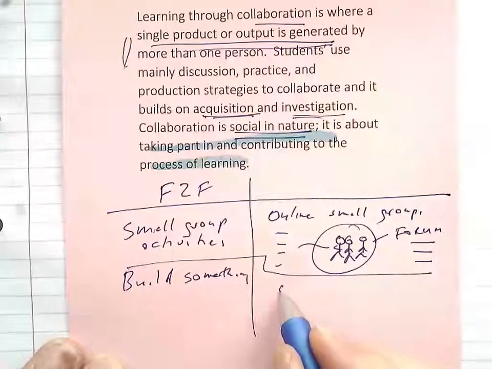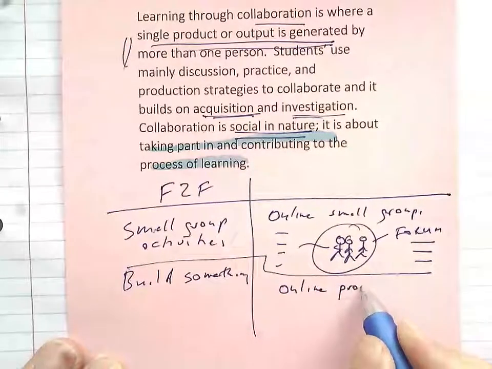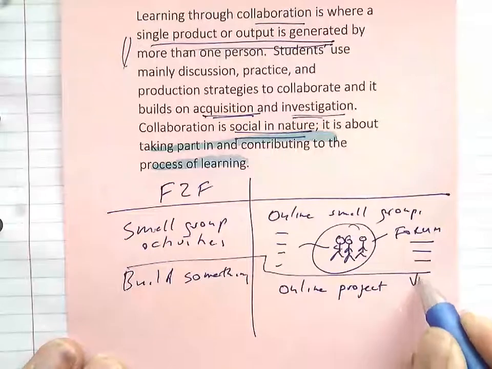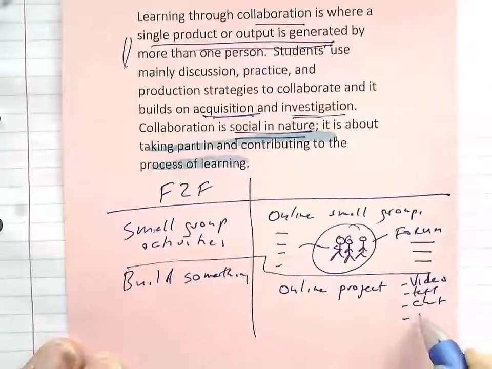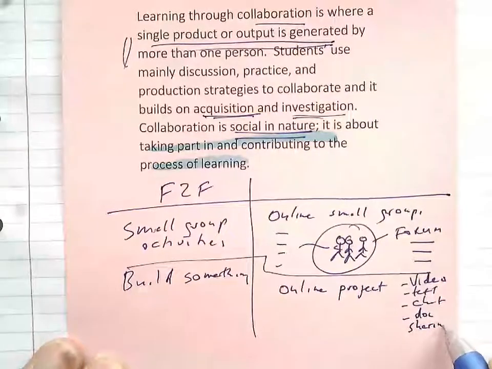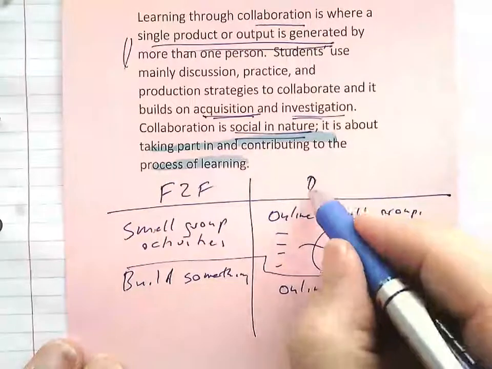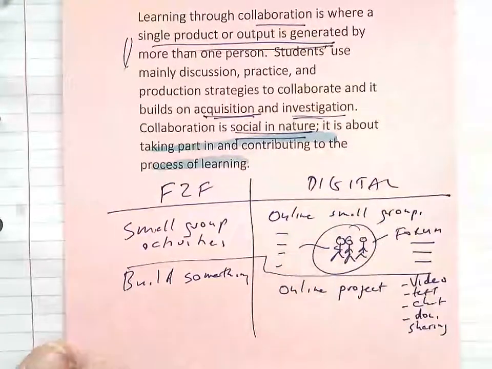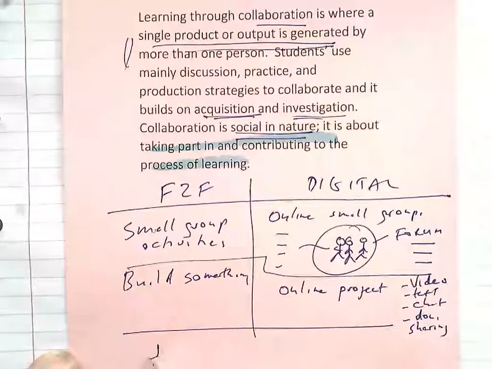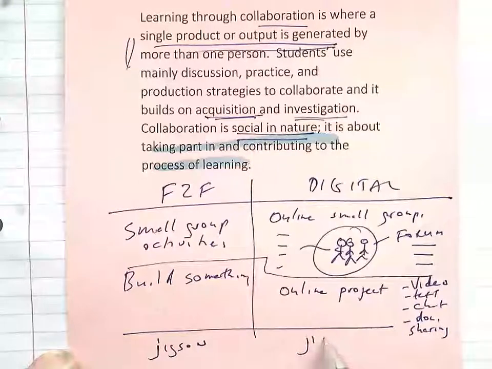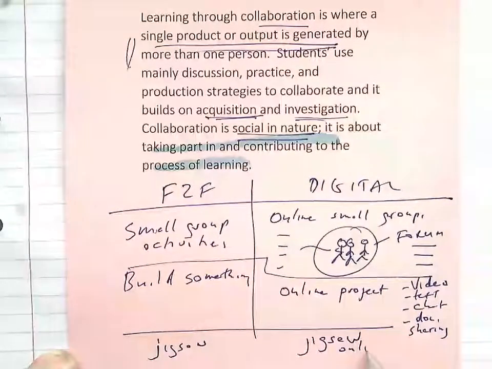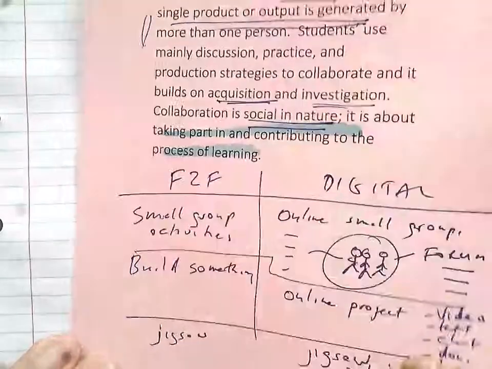That was an online project supported, and nowadays it'd be supported by video and text, chat and document sharing. So face-to-face has the digital equivalent. You can have things like Jigsaw face-to-face, Jigsaw online. So on problem-based learning, project-based learning, all can be done this way.